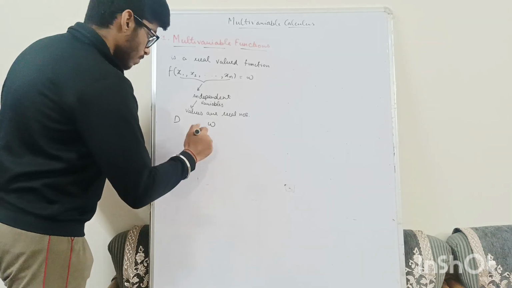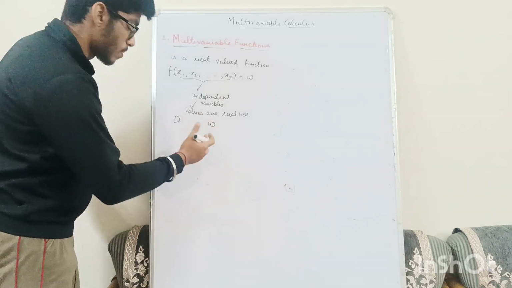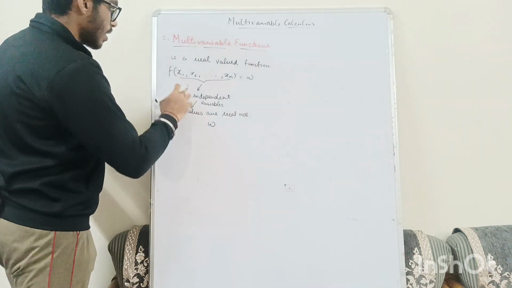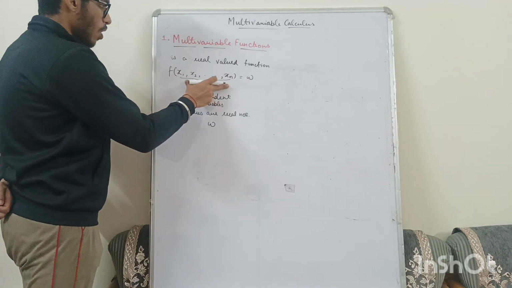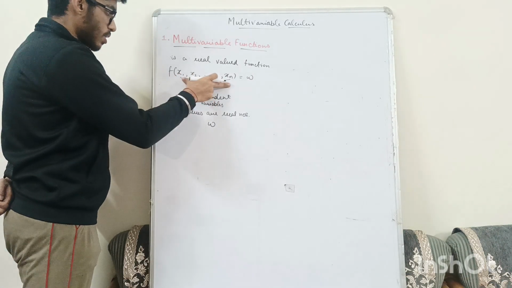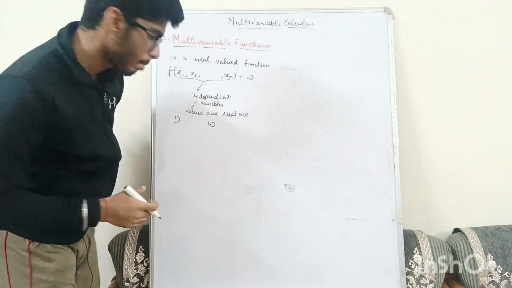So the set of all possible values of W is the range, and the set of all possible values of the input for which the function is defined is the domain, right?